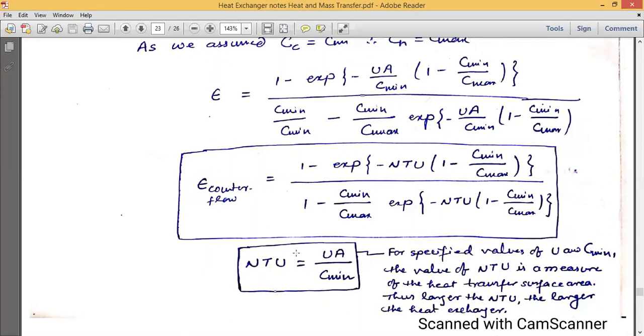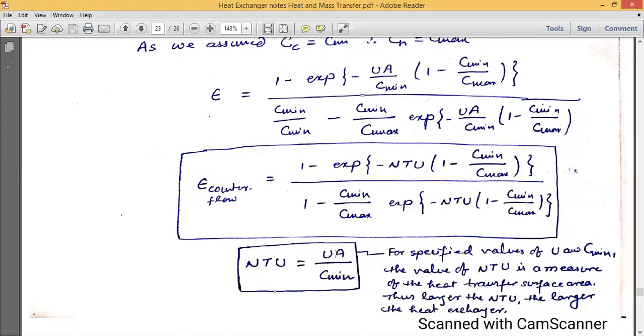So what is the significance of NTU? It represents that if U and C minimum remain the same, the heat exchanger which is having higher NTU will require a correspondingly higher area.